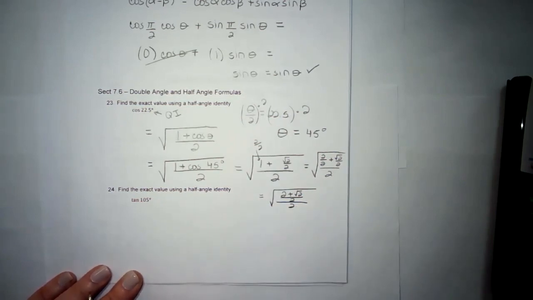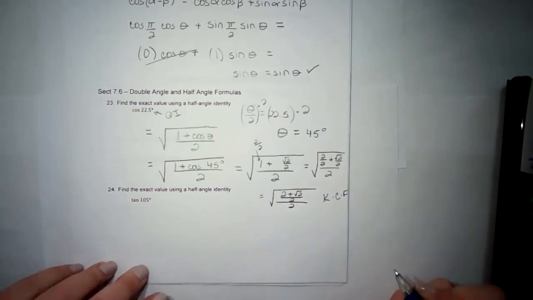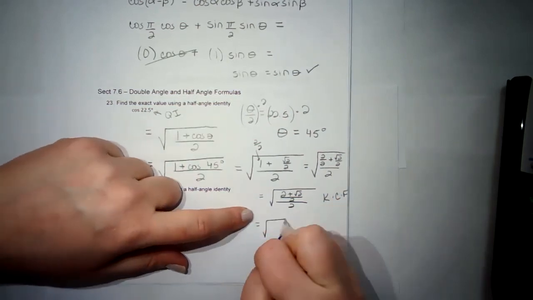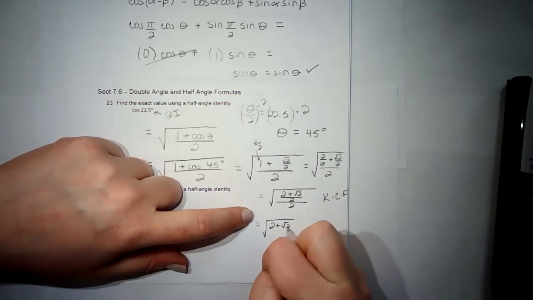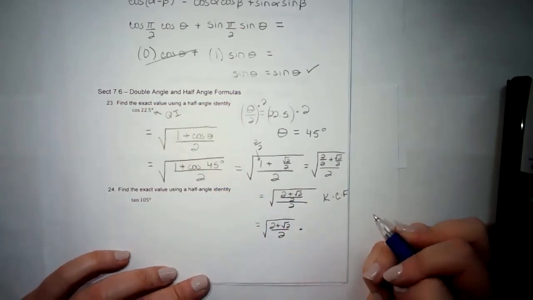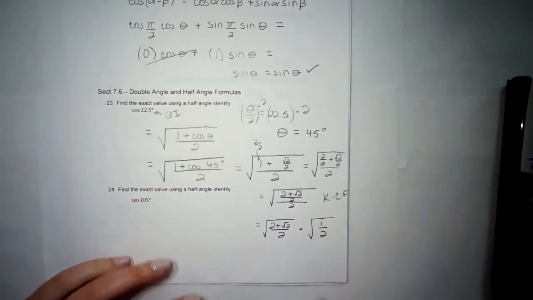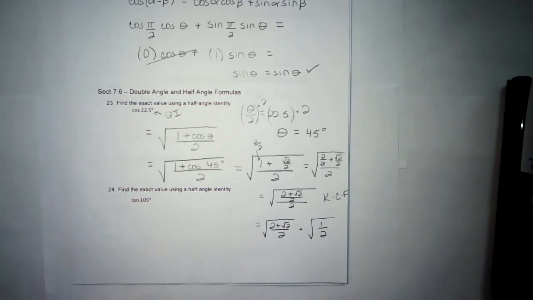A lot of 2's. Now I'm going to keep, change, flip. So I'm going to keep my numerator, which is all of that, change to multiplication, and flip this 2 on the bottom. Now remember, it's still under a radical, and I'm going to flip it.